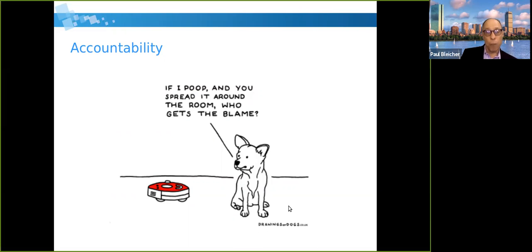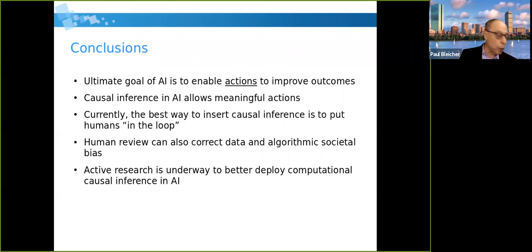And I'll leave you for a moment with this slide, as it is self-explanatory. But it is a real issue, which is that in the end, it has to be the people that make the mistakes, if you will, or don't correct the algorithm's mistakes, that are responsible.